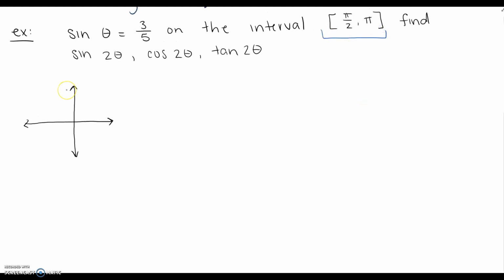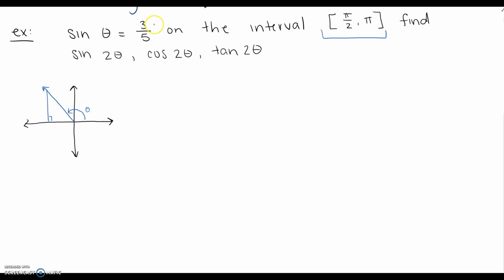So if it's between pi over 2 and pi, that means our angle is here somewhere. So that's the original angle. Now we're going to use this to draw a triangle, a right triangle. Remember, your right triangle always goes to the x-axis, and you need to label your right angle.